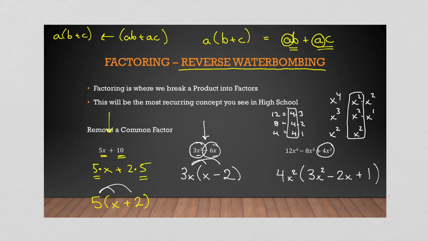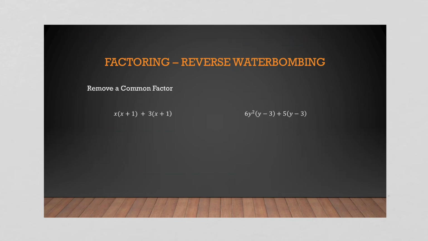So this is factoring by removing the greatest common factor. It can be more than just a term. It can be a whole binomial. And I'm going to show 2 ways here. This first one, I'm just going to be like, okay, look, this is a factor. It's all of this times x, and it's all of this times 3.